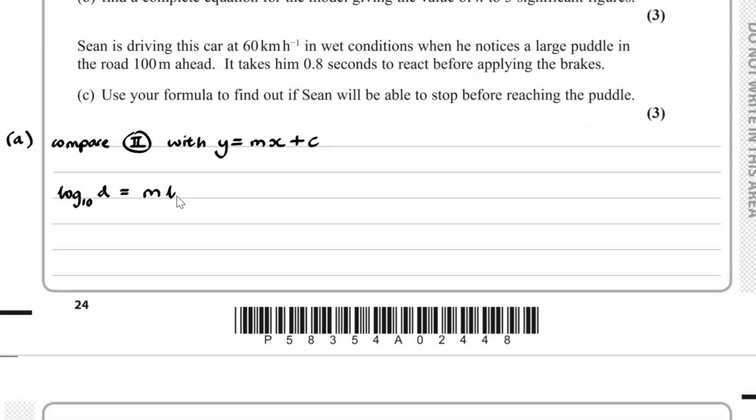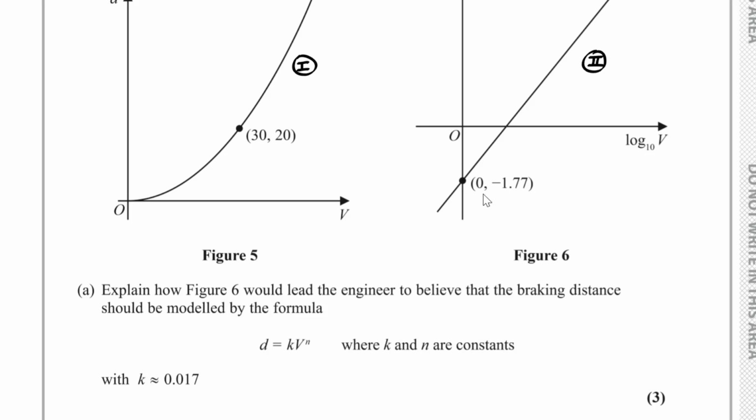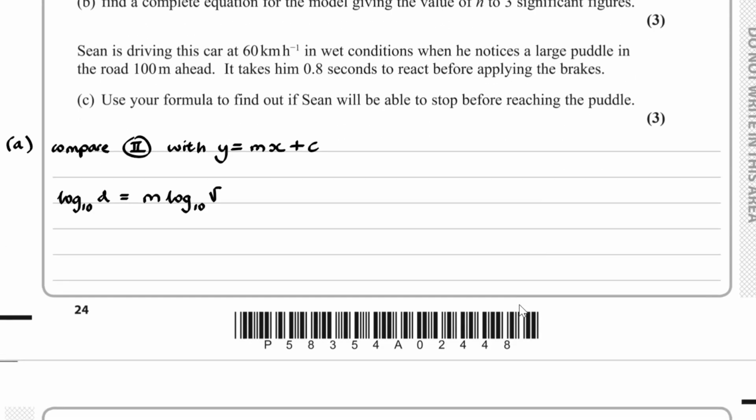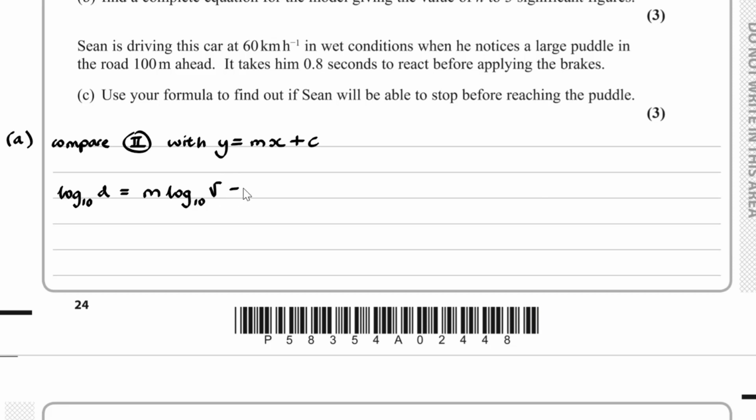So here we have log base 10 of v, and then we add on the constant c, where c is the y-intercept. The y-intercept, that's minus 1.77. So here we have minus 1.77.